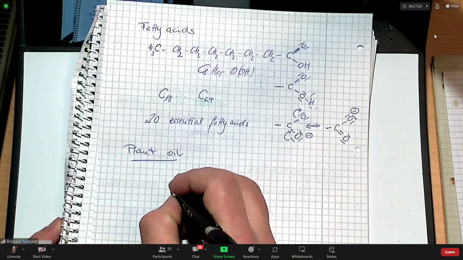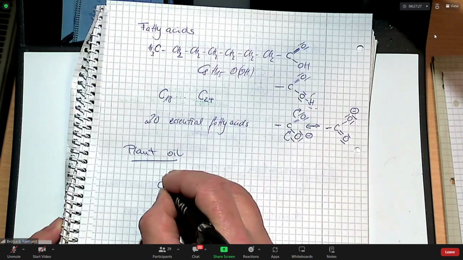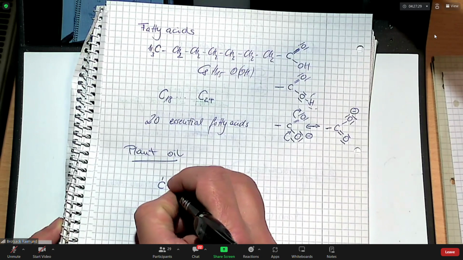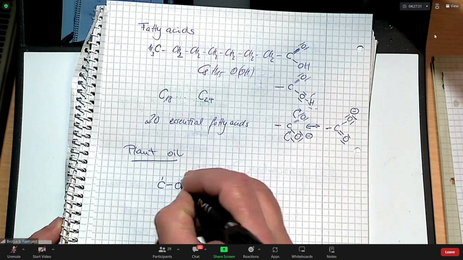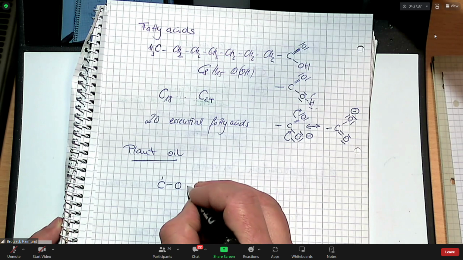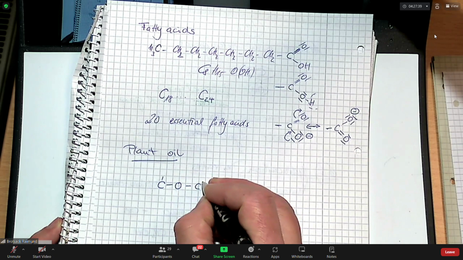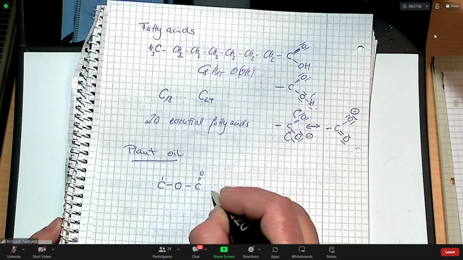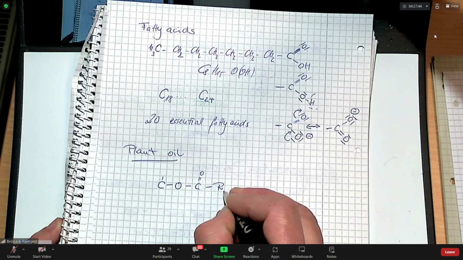We have here the glycerine structure, O, and not an alcohol. We have it here now as an ether. We have it CO, and then we have a long rest 1.